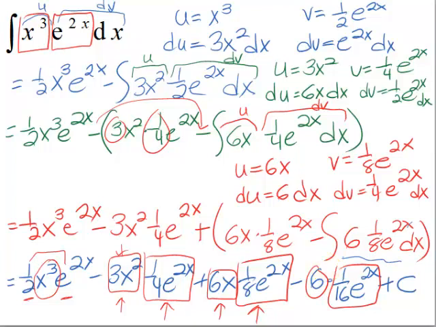And in that table, you start with these two functions, and in the first column, you put the function that would go to 0 if you differentiated it enough times, so this x cubed. In the second column, we're going to put the other function. We are then going to fill out the table by differentiating this function, starting with x cubed and then getting its first derivative, then its second derivative, and then another derivative.